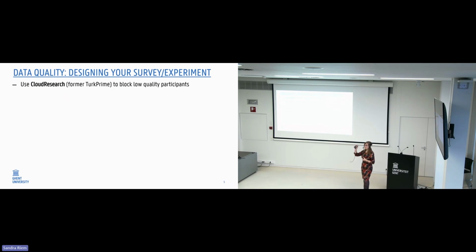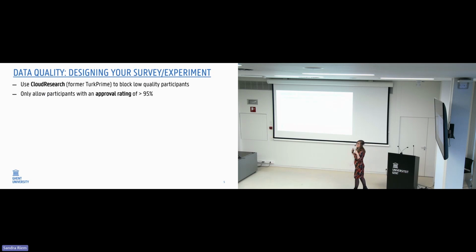So not immediately go to mTurk, but run it through CloudResearch. CloudResearch is connected to mTurk. They rely upon the population that you can find on mTurk, but they already select the high quality participants. So they exclude low quality participants. That's one thing you can already do.